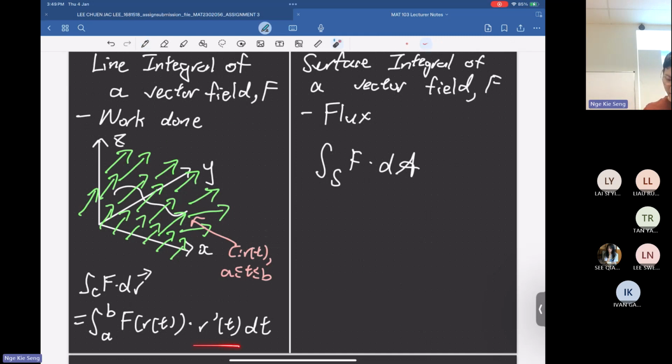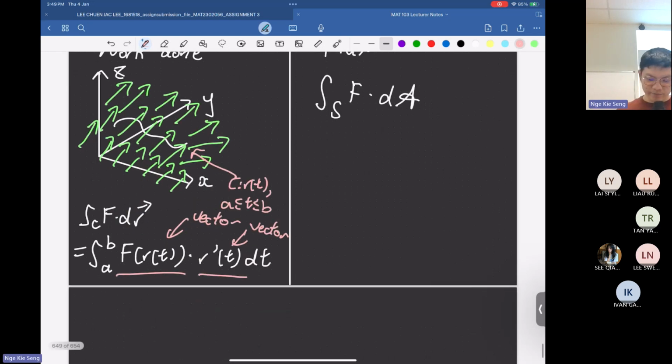You will notice that I also multiply with r prime t, right? Actually, there's a subtlety here. This part here is a dot product between two vectors. Here is a vector. Here is also a vector.